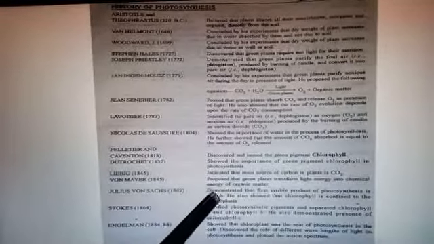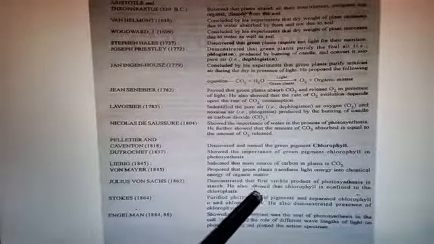Then Sachs demonstrated that the first visible product of photosynthesis is starch. He also showed that chlorophyll is confined to the chloroplast. Engelmann showed that the chloroplast was the seat of photosynthesis in the cell, and he discovered the role of different wavelengths of light on photosynthesis and plotted the action spectrum.